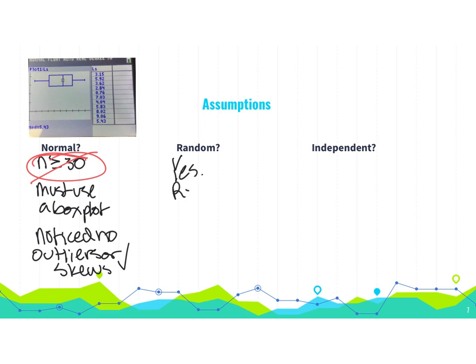Furthermore, for randomness, we did use a random sample, using a number generator to select people from AP honors classes at Eastview High School.